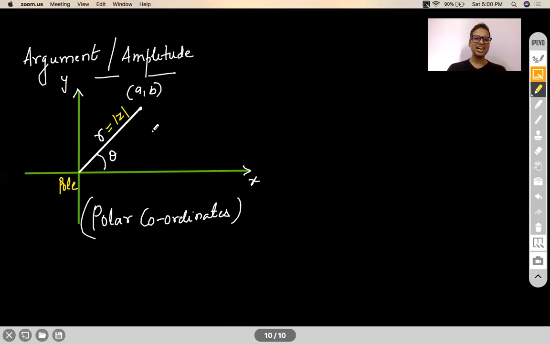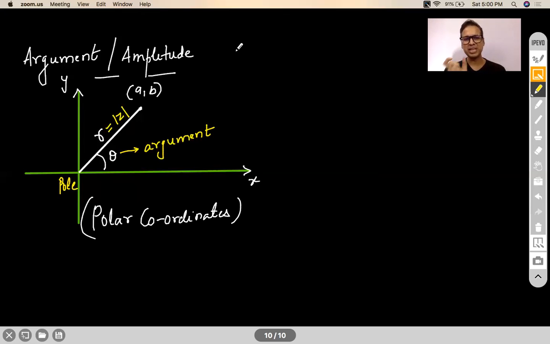And this theta is what you will call the argument, also called the amplitude. Now don't get confused with the amplitude that you have seen in your physics. Normally amplitude tells you the maximum displacement from the mean position, right? It is not that amplitude.